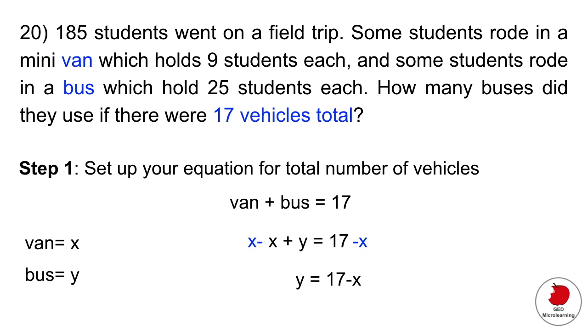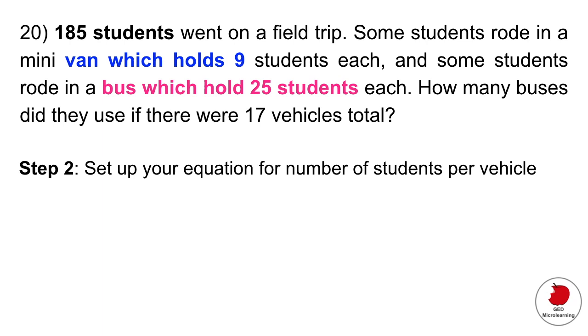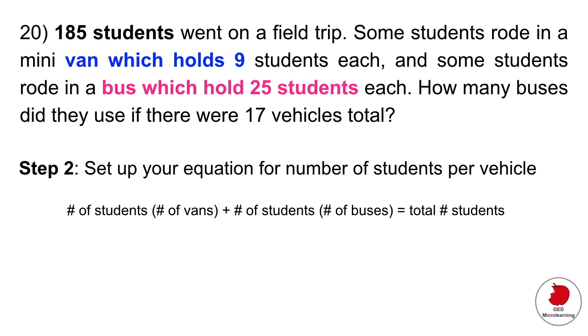Great. Okay, so we're going to forget this for a second, and now we're going to set up our second equation, which looks at the number of students per vehicle. So this is kind of how I like to do it in words. We know that the number of students multiplied by the number of vans used plus the number of students multiplied by the number of buses is going to equal the total number of students.